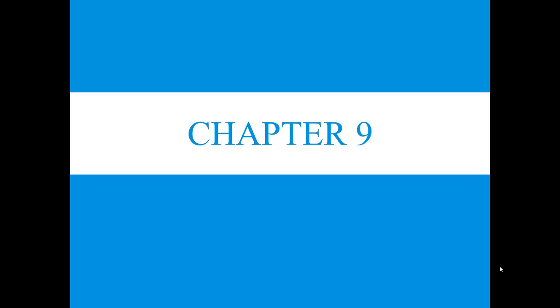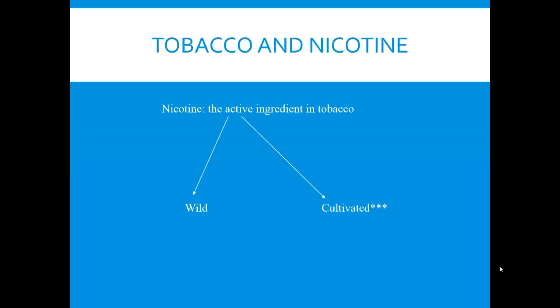Chapter 9. This is tobacco and nicotine. As you're probably already aware, nicotine is the active ingredient in tobacco. And this slide is just to show you that there are both wild and cultivated forms of tobacco.